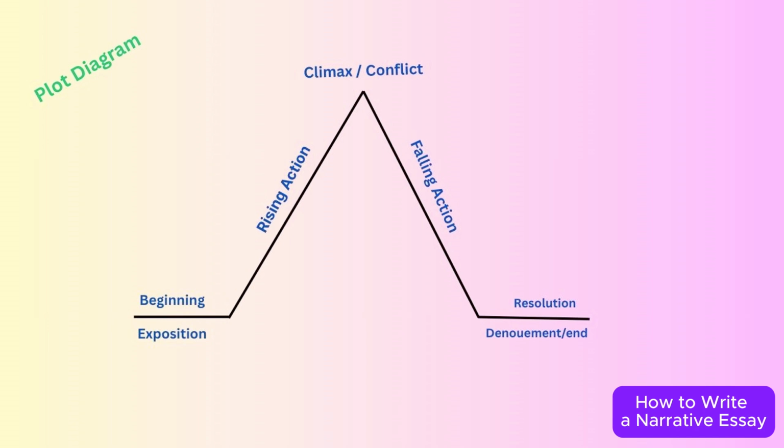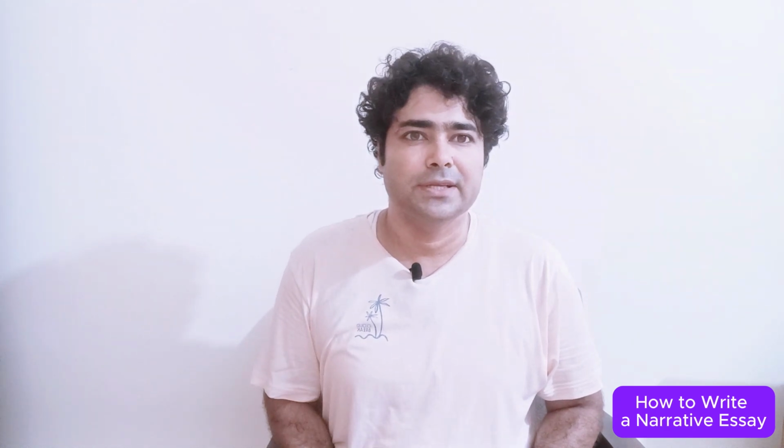Here now you can see the plot diagram, and in this diagram you can see that the story begins and then it moves forward through the interaction between the characters or through the activities of the characters. Here you can see the 5 phases of the story: beginning, rising action, climax, falling action, and the resolution, which is also known as denouement and end of the story. So this is the plot, and you have to maintain it while you are writing a narrative essay or a short story or a reflective essay.